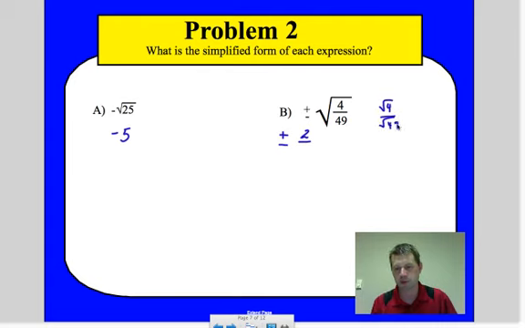We learned that in an earlier lesson. Radical 49, we get 7. So plus and minus 2/7. If you're unsure what that means, it means we have a positive 2/7 and another answer of negative 2/7. So there are actually two answers for part B.